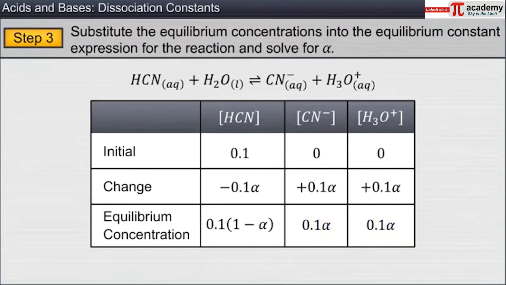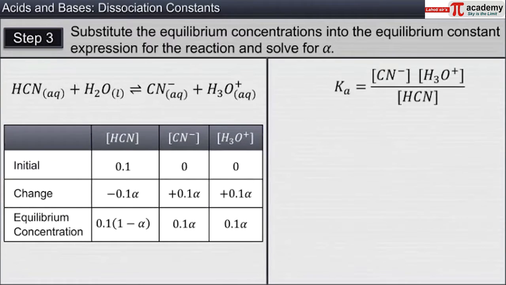In the third step, substitute the equilibrium concentrations into the equilibrium constant expression for the reaction and solve for alpha. The expression for the dissociation constant of hydrocyanic acid can be written as Ka equals the product of concentrations of cyanide and hydronium ions divided by the concentration of hydrocyanic acid.